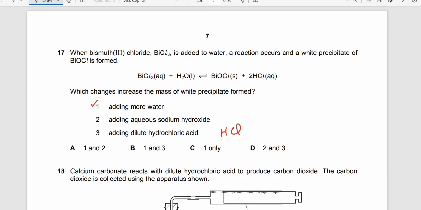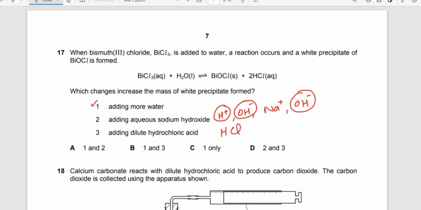So here is aqueous sodium hydroxide. Actually, aqueous has H plus and OH minus, and sodium hydroxide has Na plus and OH minus. These OH minus increase the concentration of H plus and OH minus over here.